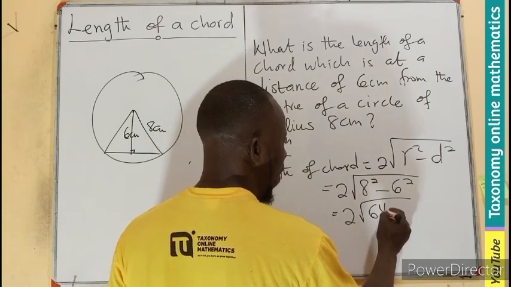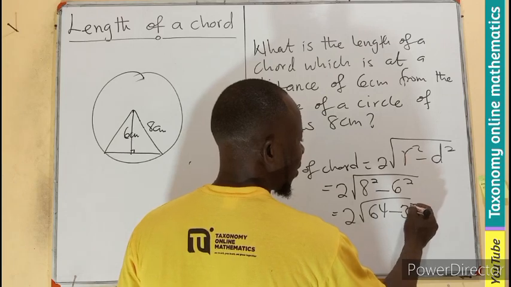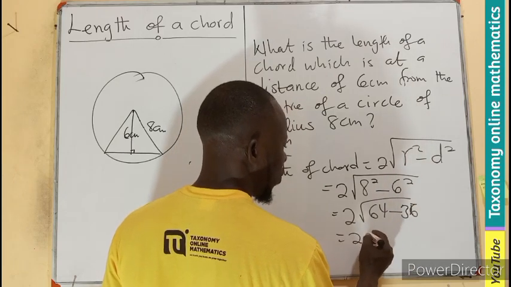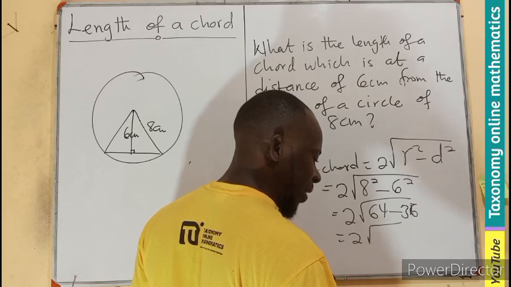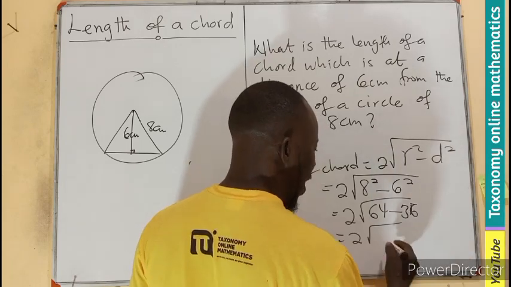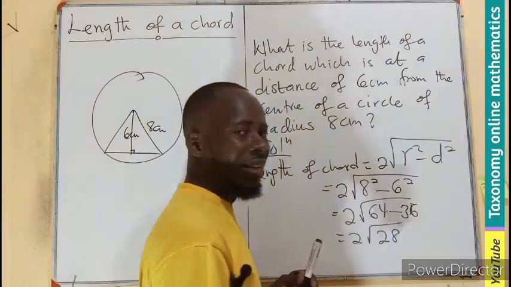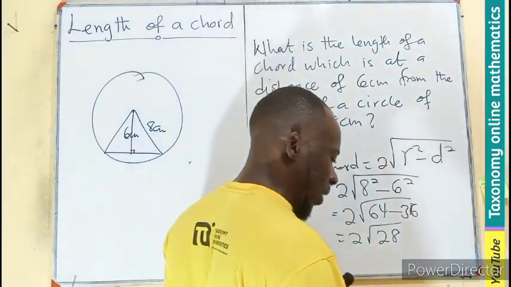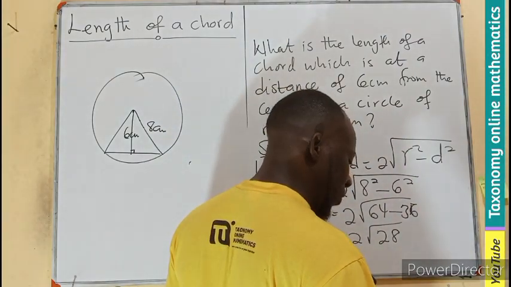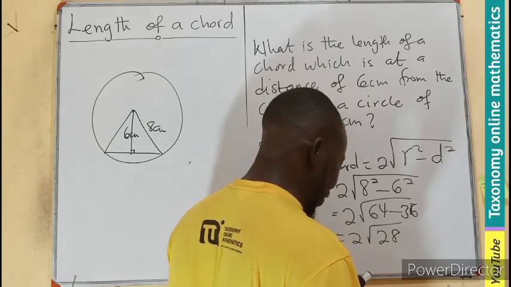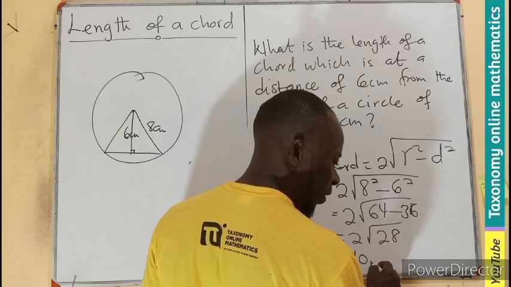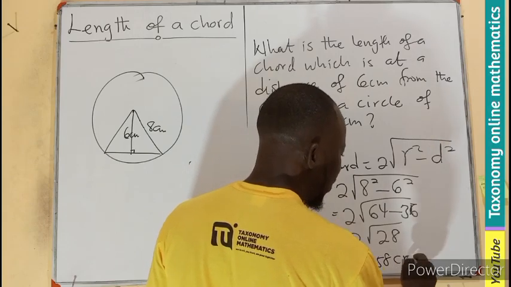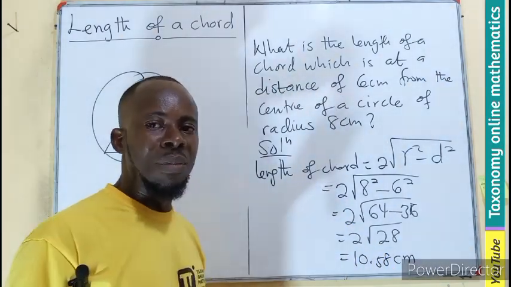So 64 minus 36. So 2 times the root of 64 minus 36 will give us 28. Then we have 2 times the root of 28, and that will be 10.58 centimeters. That is to 2 decimal places.